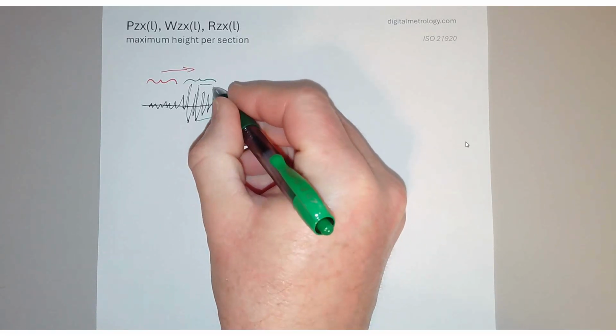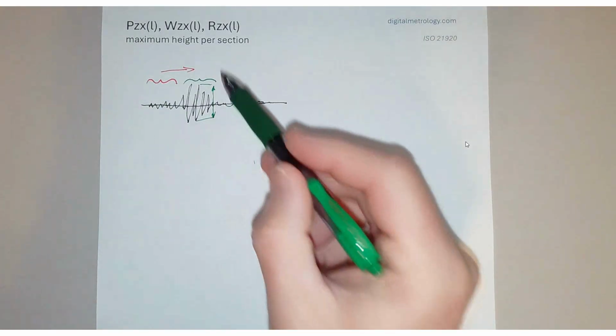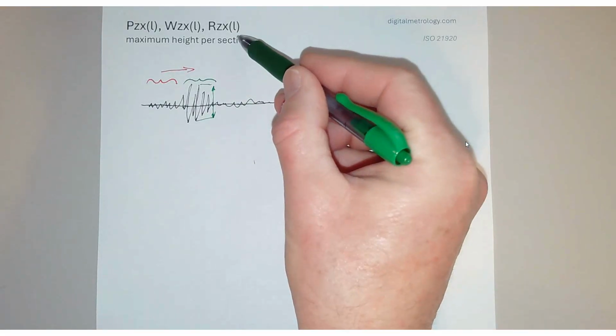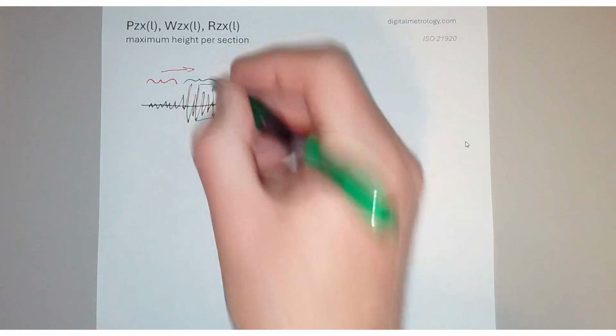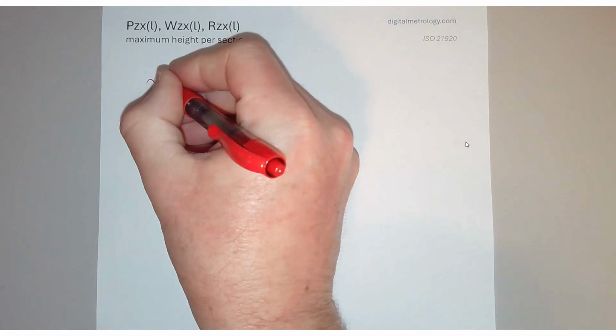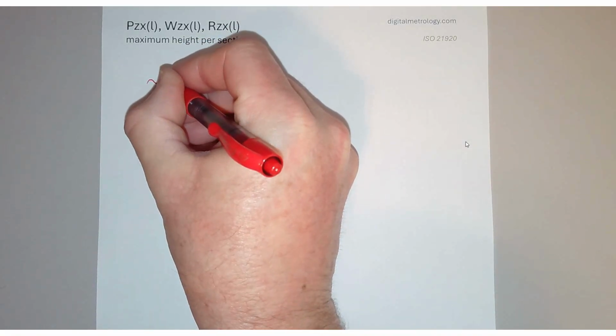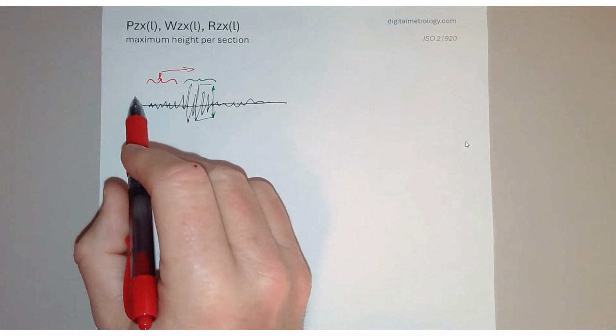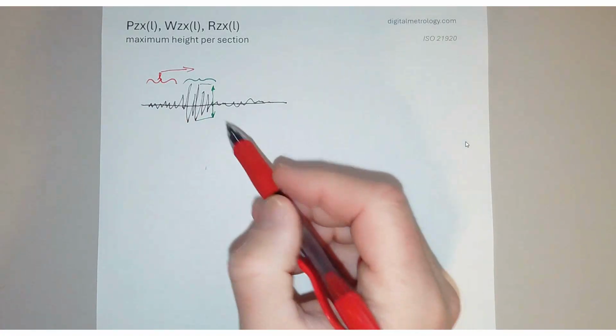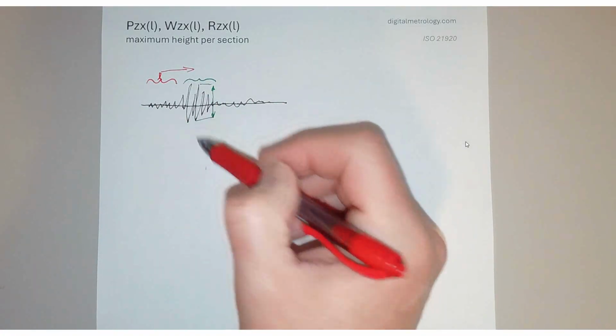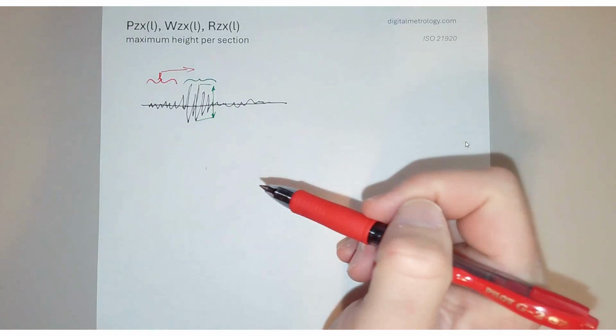So the height of the worst roughness in a section is the RZX parameter with a given L value as the section width. So we're going to sweep a section that's L millimeters wide through the data and report the highest roughness we encounter at any position along the way.